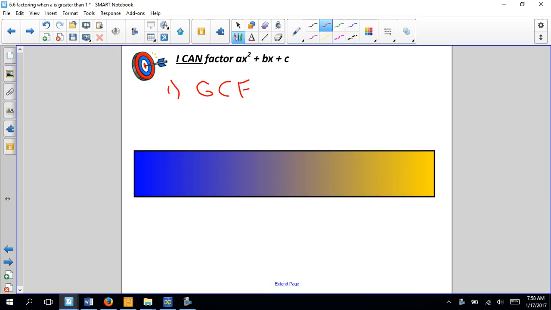The second thing that you're always going to do. Second thing, if it's a trinomial, we're automatically going to go straight into our x. Okay, so our diamond method is what that's called for factoring. So we do our a times our c up top. We do our b on the bottom. We always split it.